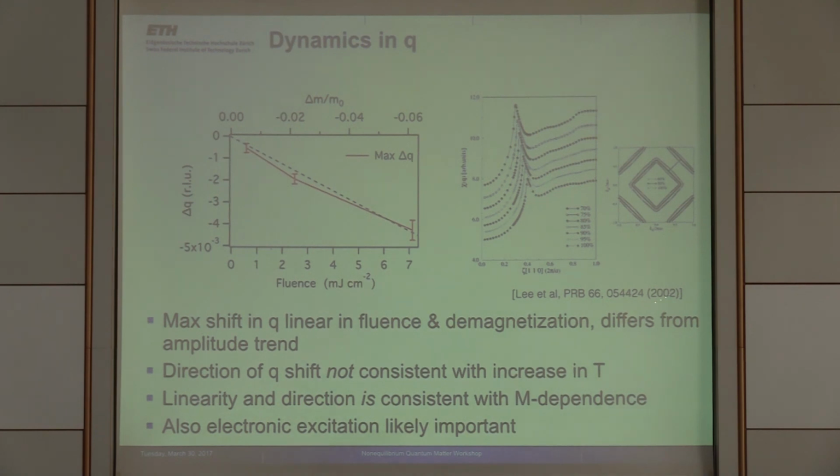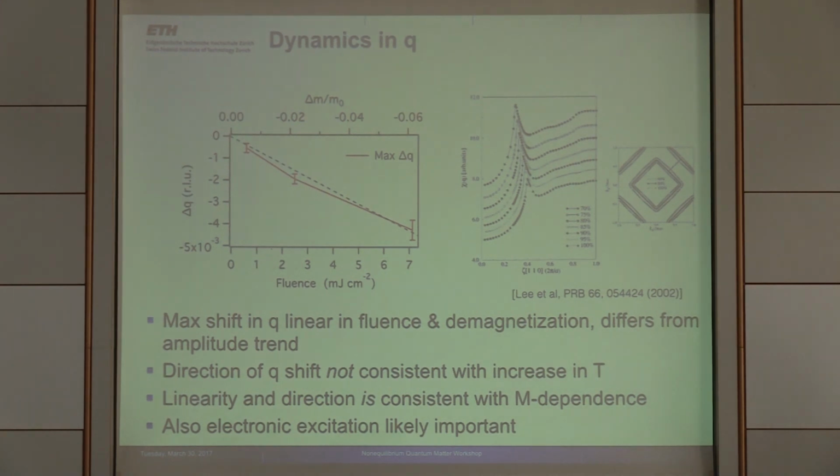That's supported a little bit by some theory work that looked at the magnetic susceptibility as a function of magnetization. What's shown here is a magnetization-induced shift in the divergent point in the susceptibility, indicating a dependence of the Fermi surface nesting vector on the magnetization direction.